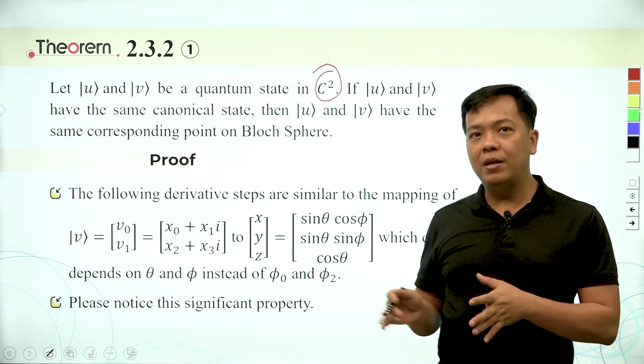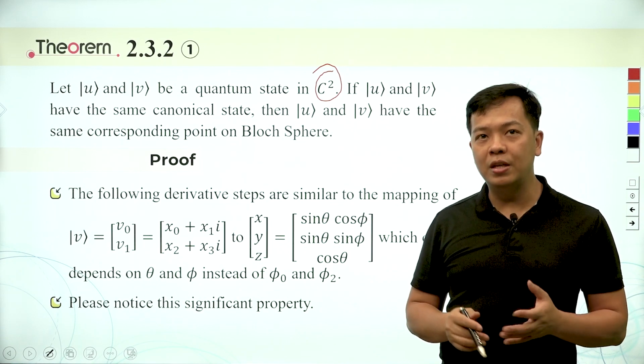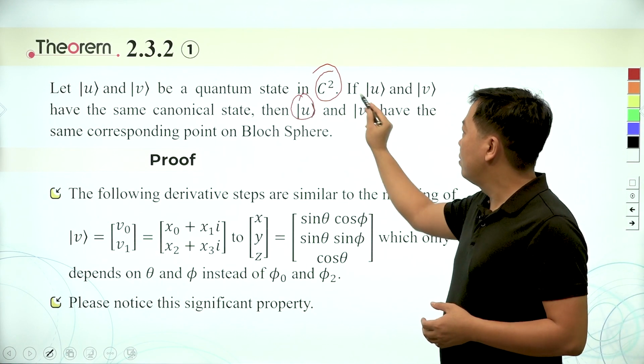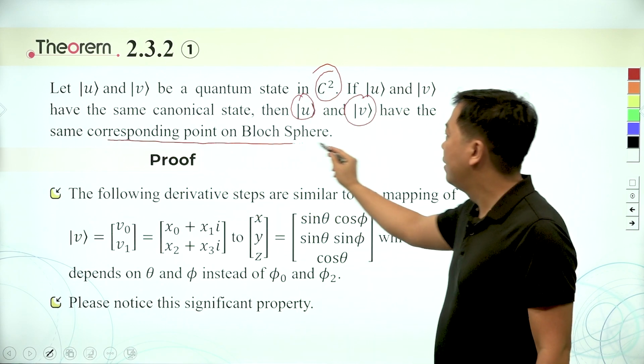If the two vectors u and v have the same canonical state, then quantum u and quantum v will have the same corresponding point.